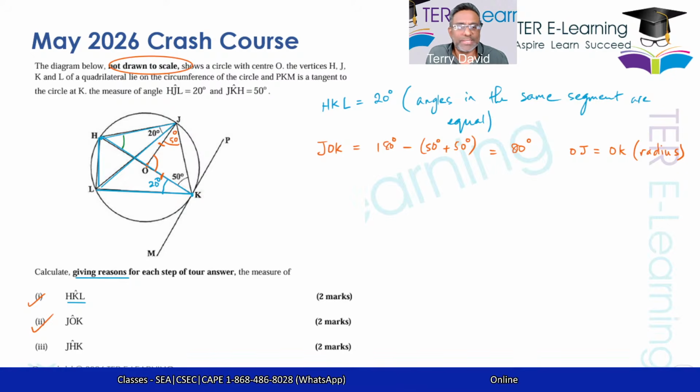All right, I see people getting 60 degrees, 110. I see all kinds of answers for JHK here, right?